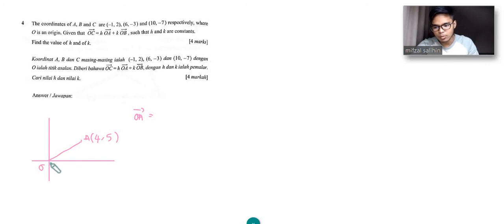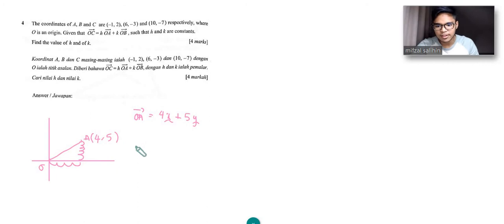So from here we move to the right 4 times: 1, 2, 3, 4. So we put 4x. Then we move outwards 5 times: 3, 4, 5. Therefore 4x plus 5y. This is how you find a vector.